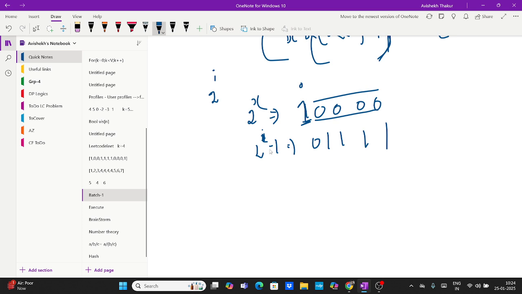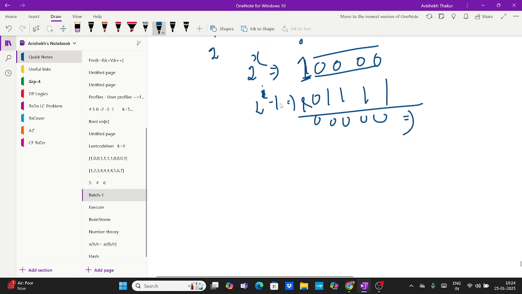Okay, and the cool fact about this is, if you do a bitwise AND and the number turns out to be 0, then x is a power of 2. Given a number x, check whether it is a power of 2 or not. You can simply write it as: if x AND x minus 1 is equal to 0, it's a power of 2.